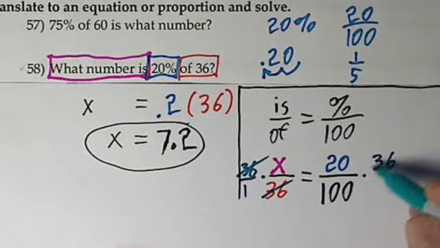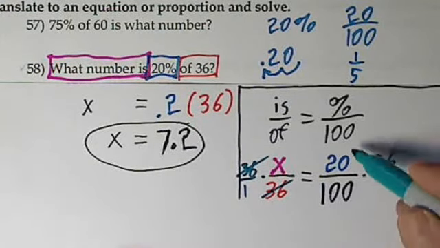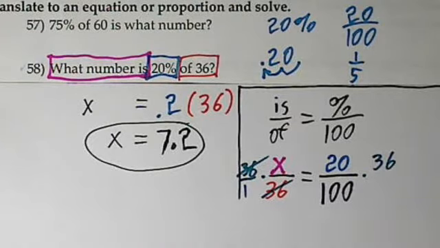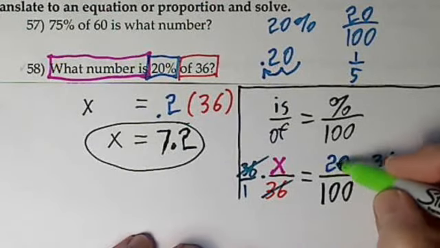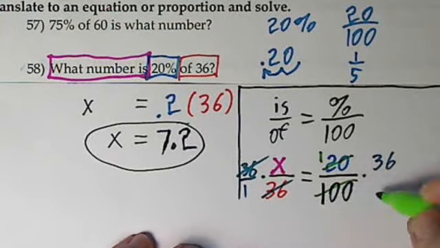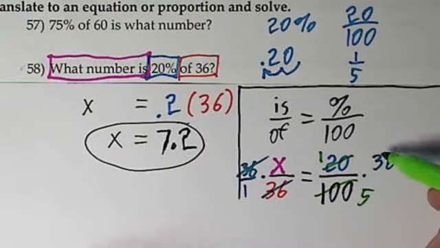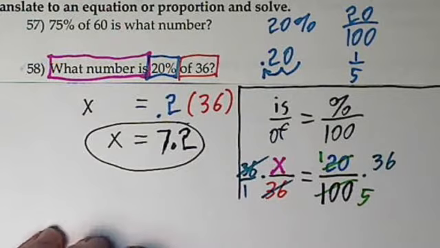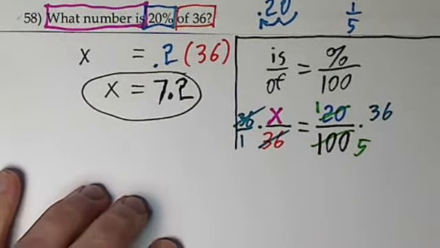And over here, let's do some reducing. Go this way. 20 goes into 20 once. 20 goes into 100 5 times. I guess I'll put my 5 here. So I have 36 over 5. Slide this up a little.